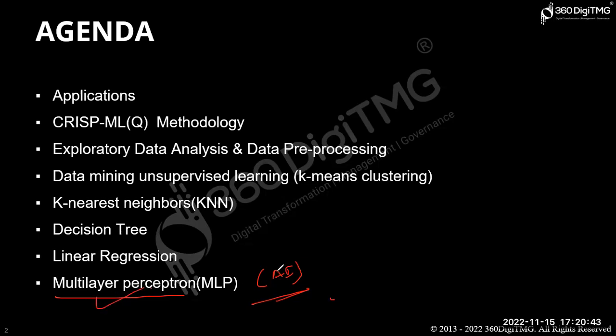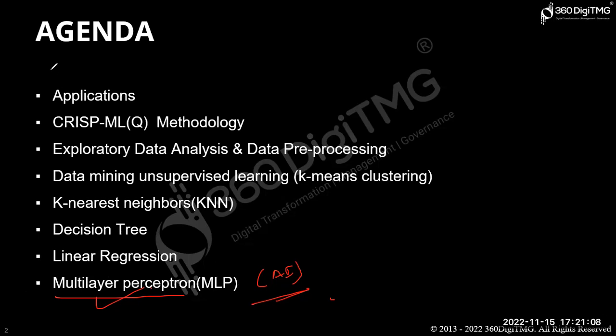We will see how the multi-layer perceptron works and how it generates the output. Since it is a black box technique, we won't be able to understand what exactly is happening inside that algorithm, but we'll see how it is generating the output and how accurate that output is.